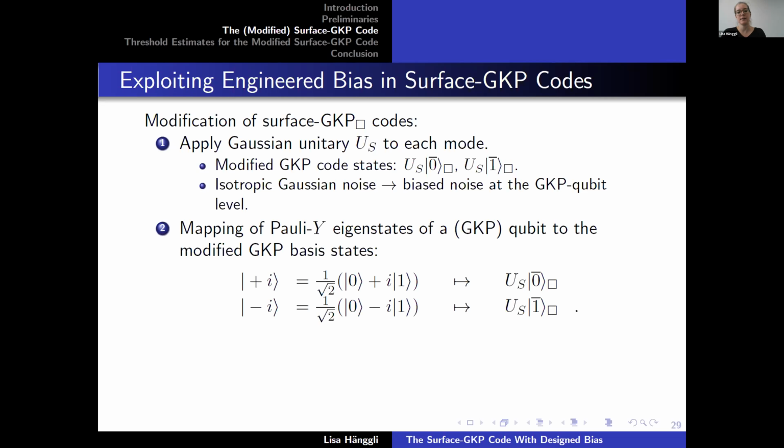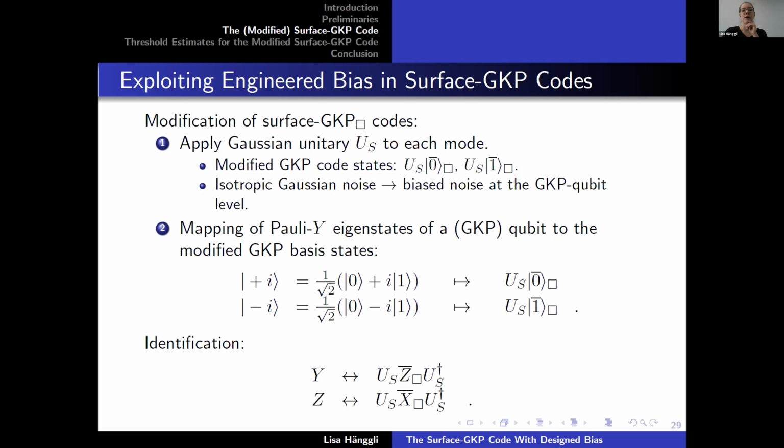And the second thing that we change is the way the GKP code is concatenated with the surface code. Namely, we map Pauli Y eigenstates instead of Pauli Z eigenstates of a GKP qubit to the modified GKP basis states. And this ensures the given identification of qubit operators with logical GKP operators. And this whole second part is actually just a periodic permutation of the Pauli operators, which you are free to perform, as I mentioned before.